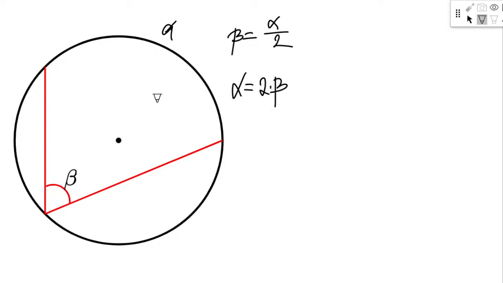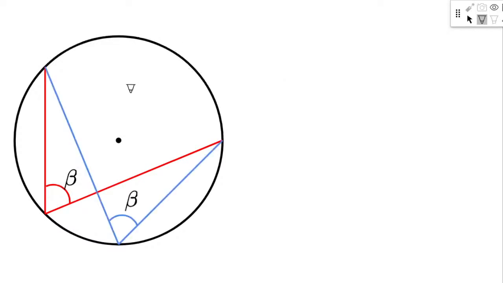And actually, any angle that is based on the same arc has the same value, as you see. So this would also be beta because it is on the same arc.